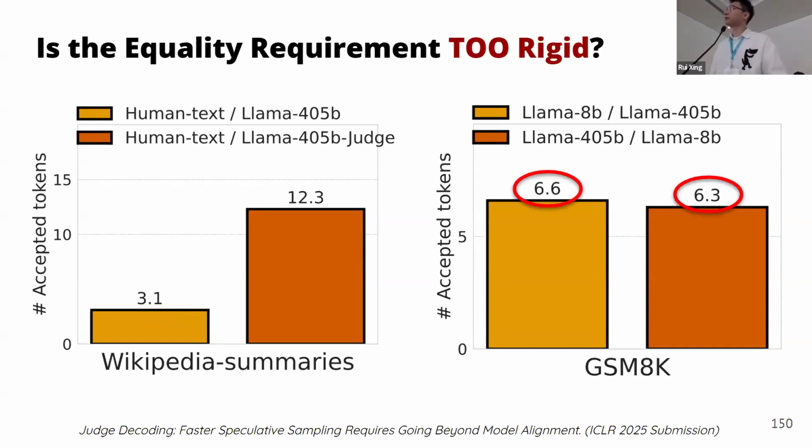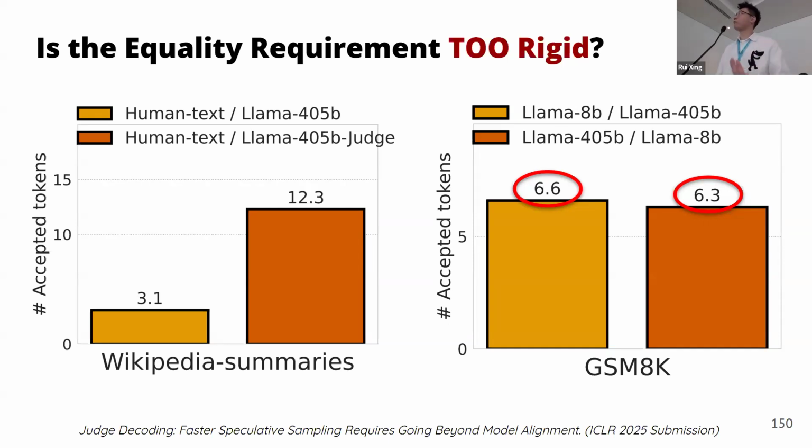The second experiment is that they switch over the draft model and the target large language model. In the left panel, the draft model is 8 billion and the target model is 405 billion. It is very large, and we utilize the 8 billion to speculate on the future behaviors of this larger model, and we obtain about six tokens that pass the verification.